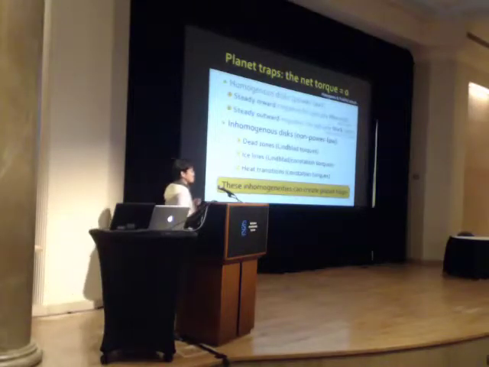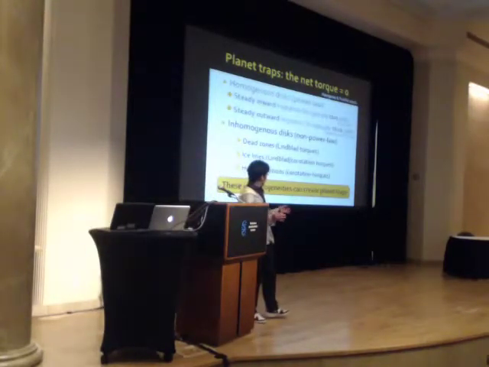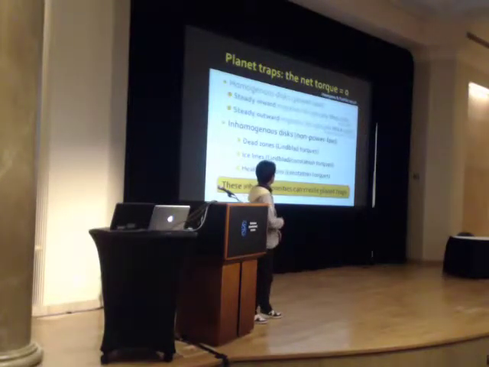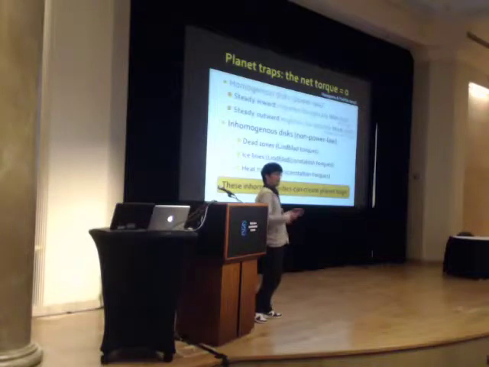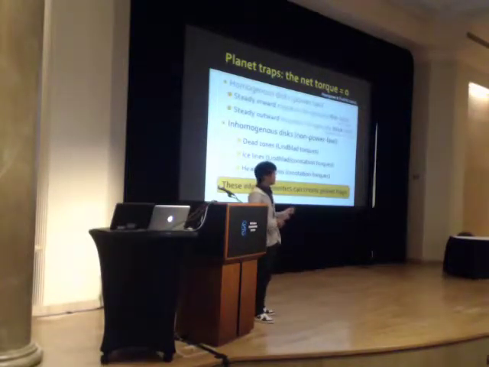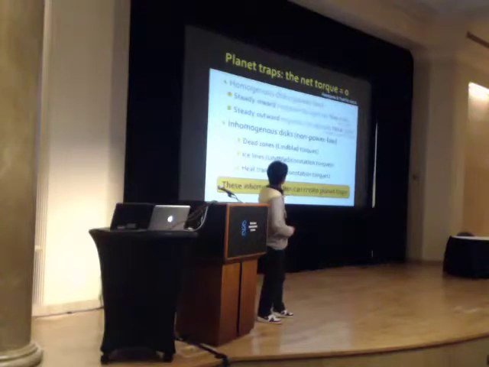But if you look at observations of protoplanetary disks, or if you start from star formation to form the disk, we are definitely going to have some kinds of inhomogeneities or structures. If you incorporate these inhomogeneities, we are going to have the planet trap. This is the key idea.